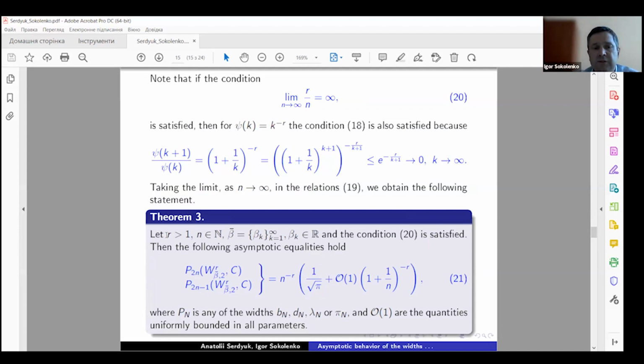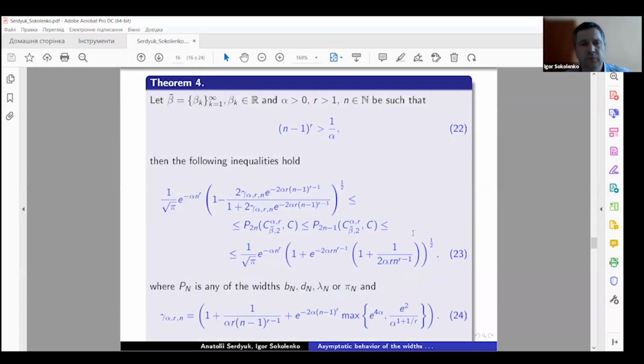Let r be greater than 1, m a positive integer, and beta be the same as in theorem 2, and the condition 20 is satisfied. Then the following asymptotic equalities hold. Equalities 21. Here, all O of 1 are quantities uniformly bounded in all parameters.